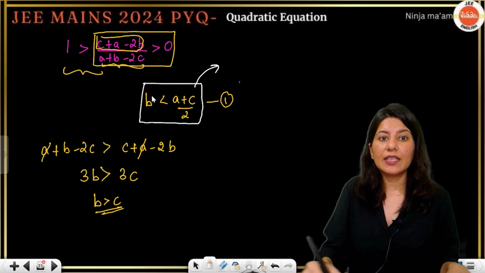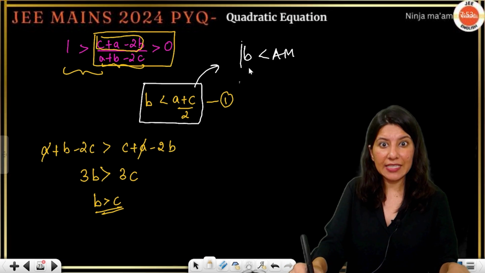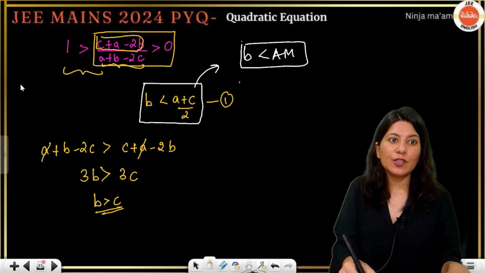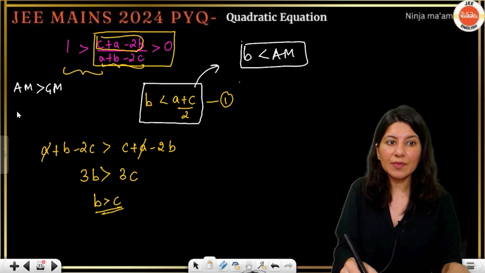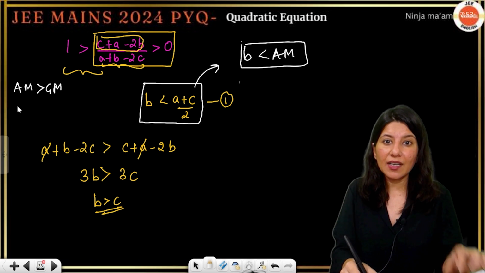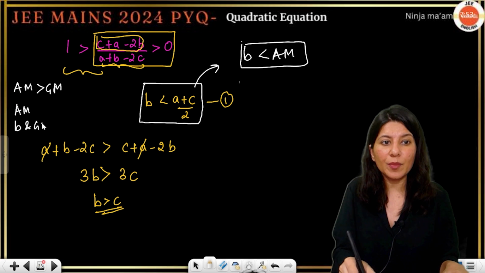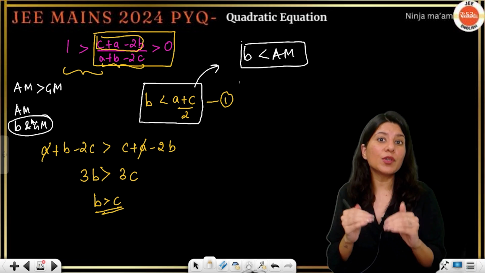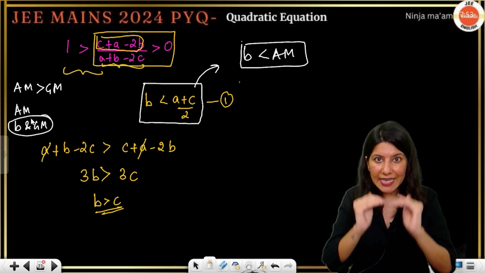Now B is less than the arithmetic mean. Okay. B is lesser than the arithmetic mean. So the arithmetic mean is greater than the geometric mean. Now this time, what is happening? The arithmetic mean is bigger and then comes B and the geometric mean. So there is a possibility this time, because both B and the geometric mean are lesser.